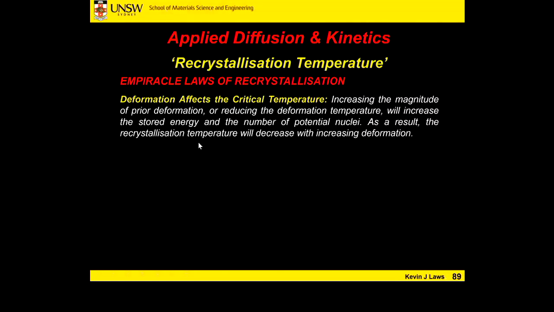As a result, the recrystallization temperature will decrease with increasing deformation. So the driving force is coming from deformation, and the activation of the processes for recrystallization comes from temperature. The more deformation we put in the material, the lower the recrystallization temperature.